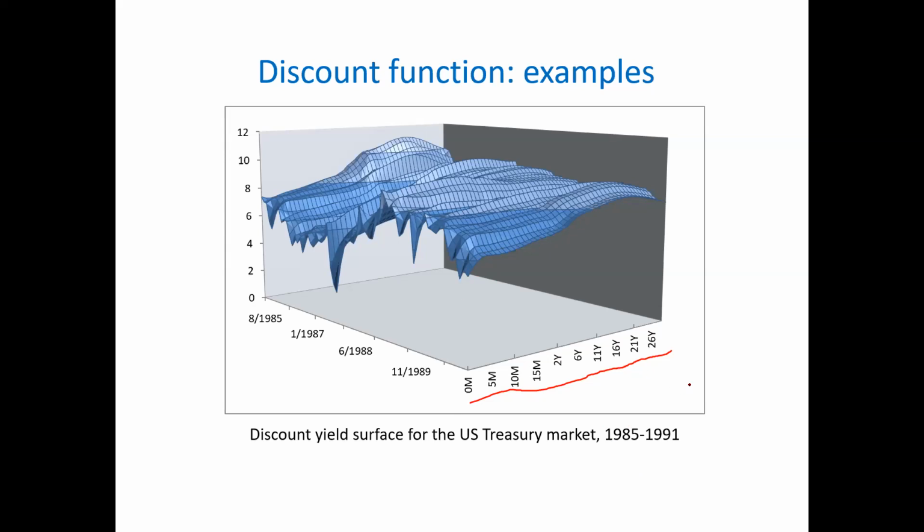So what is this? Think of what we have along the axes. There will be no this axis, and essentially we have two axes only, maturities and yields, expressed in percents. So what do we have as the result?